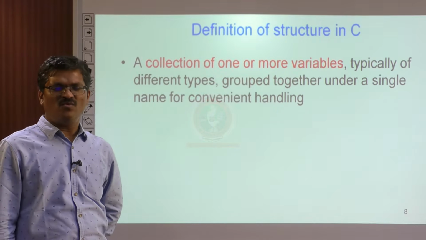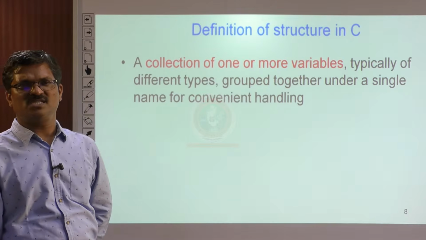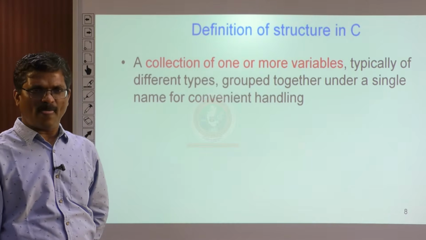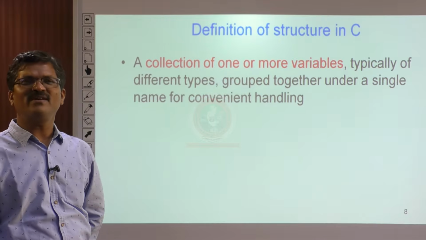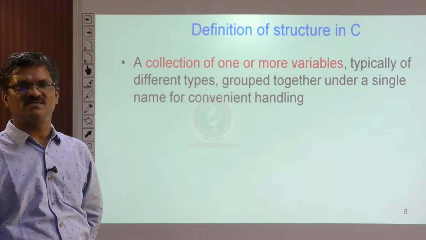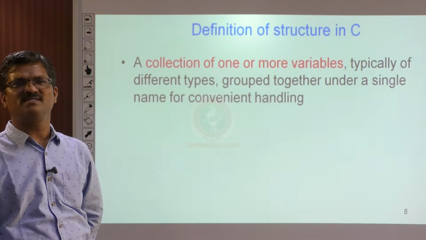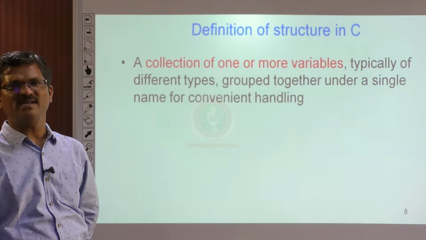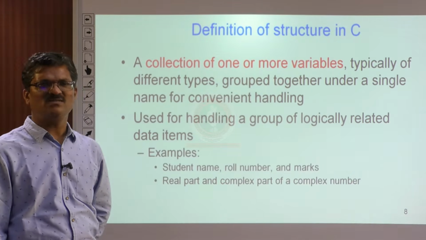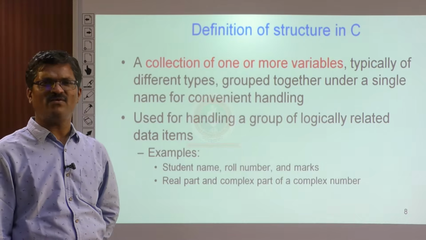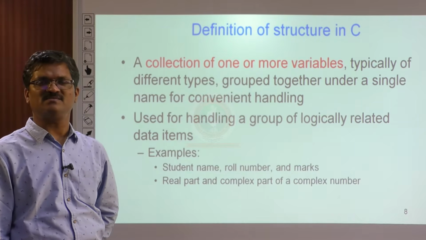So, now here we define a structure. It is a collection of one or more variables, typically of different types, heterogeneous, which are grouped together under a single name for convenient handling. These structures usually are used for handling a group of logically related data items.